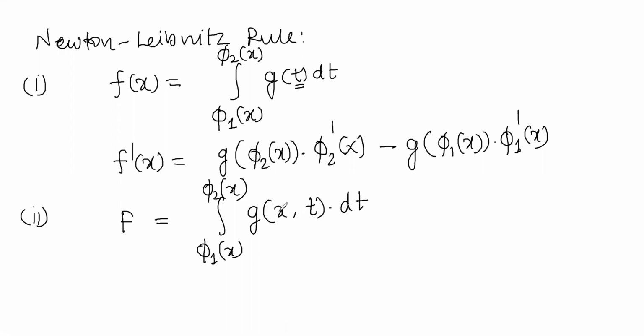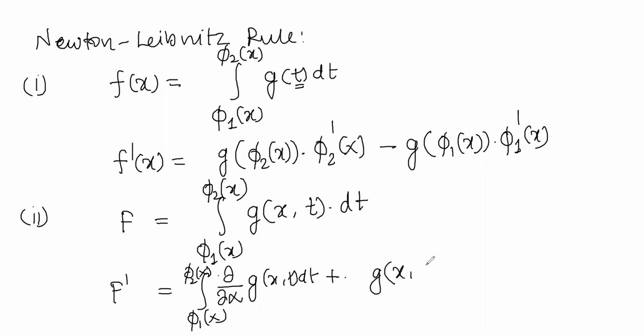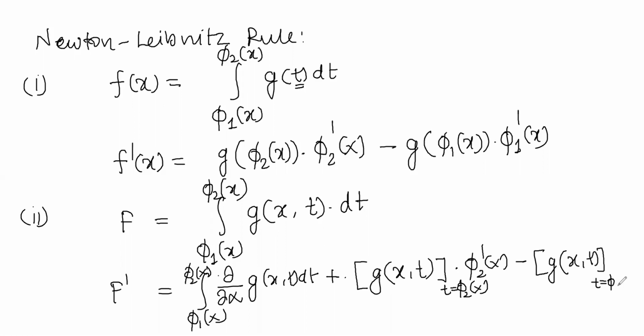In that case, I have to apply the Newton-Leibniz rule for two variables. So if I have to find F dash, it will be the integral from phi 1 of x to phi 2 of x of the partial derivative of g with respect to x, plus g of x, t with t equal to phi 2 of x times the derivative of phi 2 of x, minus g of x, t, the lower limit, with t equal to phi 1 of x, times phi 1 dash x.